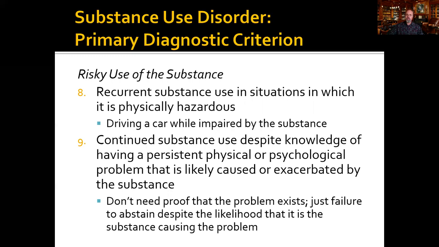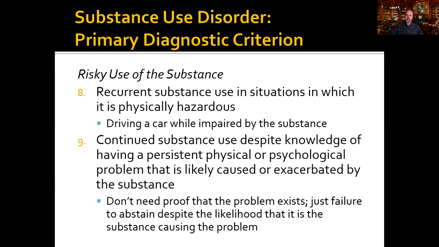Psychological problems: somebody who suffers from depression and is also a daily drinker or a daily pot smoker. Well, do you think maybe your daily pot smoking might have something to do with the fact that you're feeling depressed? Perhaps we should quit using pot and see how that affects the depression. And the person's like, yeah, no, I'm not going to do that.